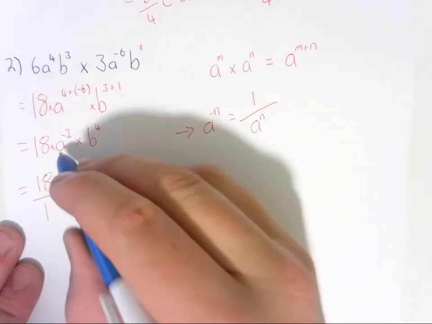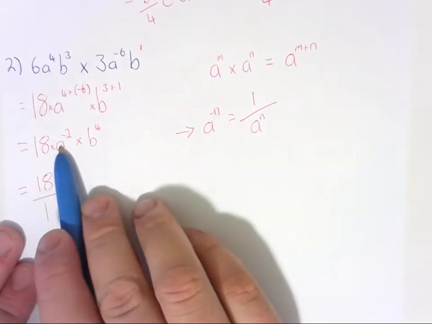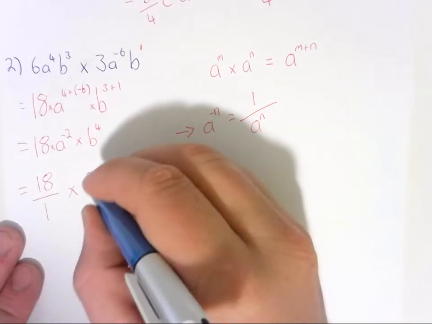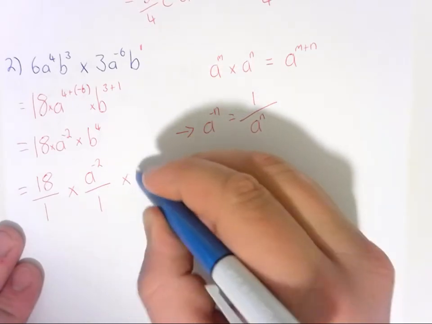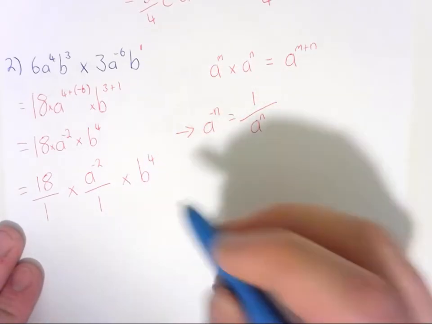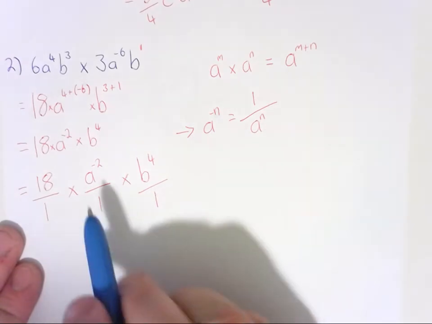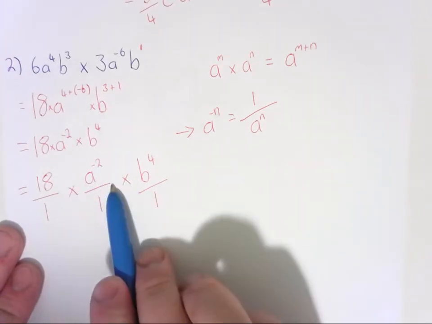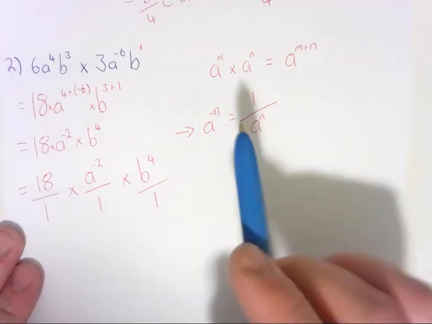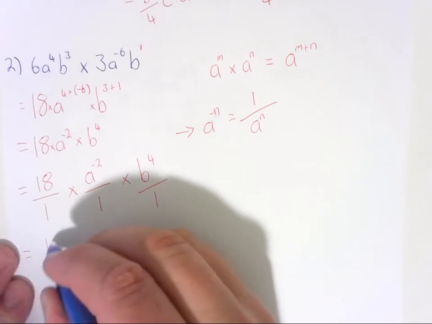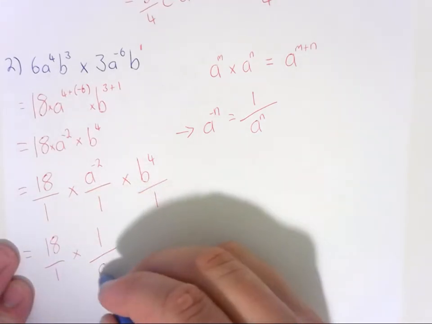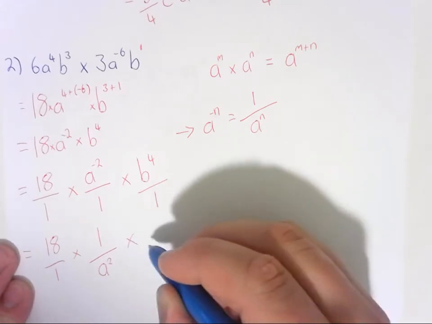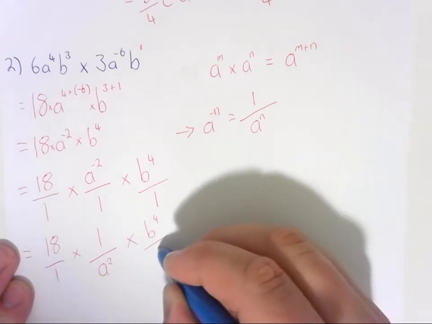Originally we have a^-2 on 1 by b^4 on 1. But I need to do it the other way, so it becomes 18 on 1 by 1 on a^2 by b^4 on 1.